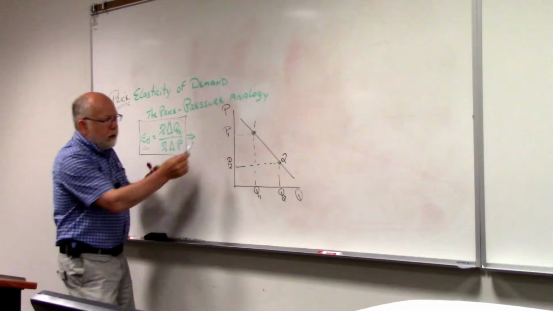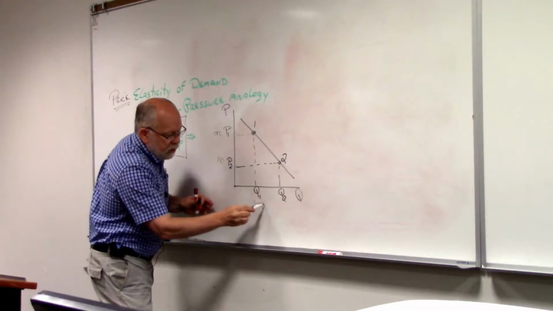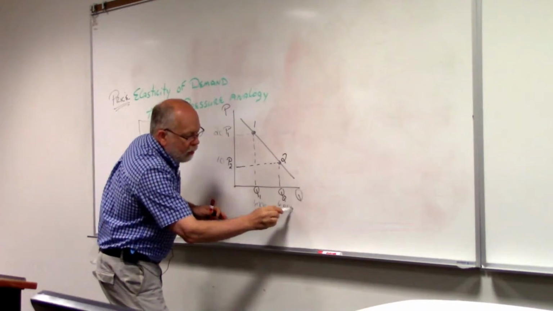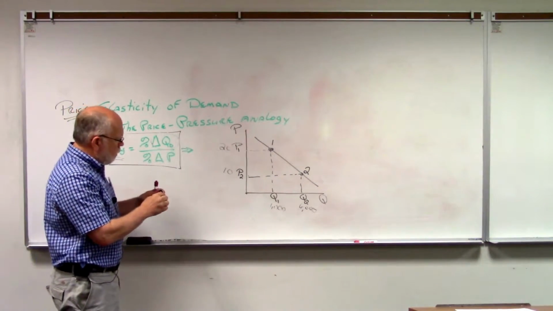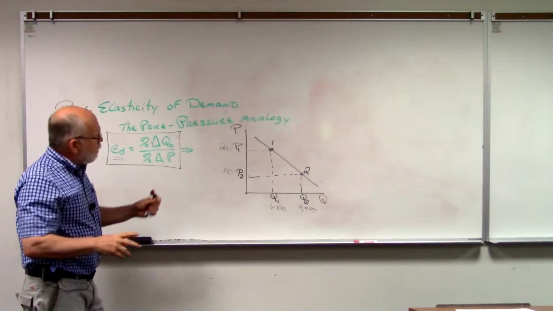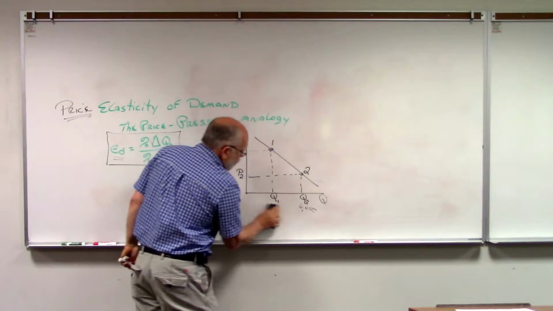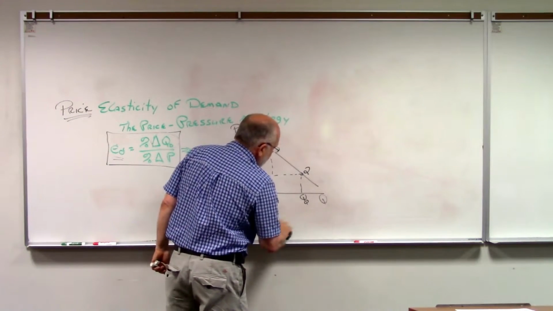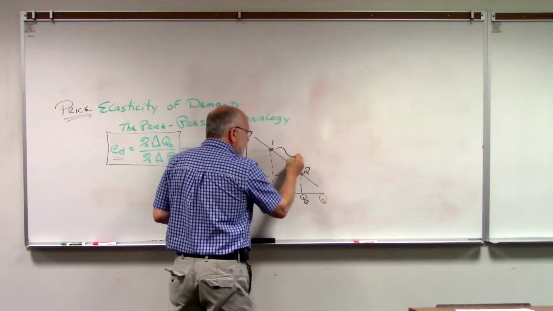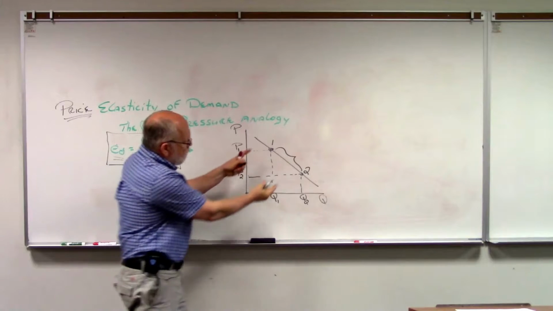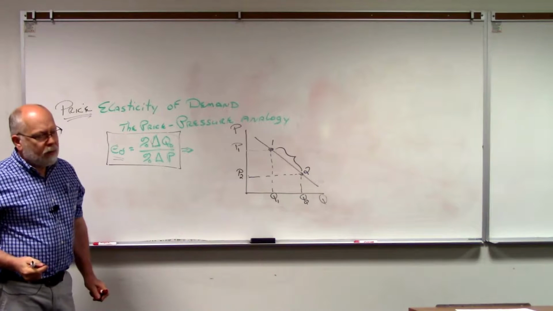Now, I could put price as $20 and $10 and $1,000 and $6,000 here, and we could do it with numbers, but I don't want to do it with numbers. I really want to do it with just symbols, and then we'll go back and do one with real numbers. So right now, we're not going to put numbers in here. We're just going to use these symbols that represent two numbers. And our task is to calculate the elasticity of demand over this section of the demand curve, from point 1 to point 2.